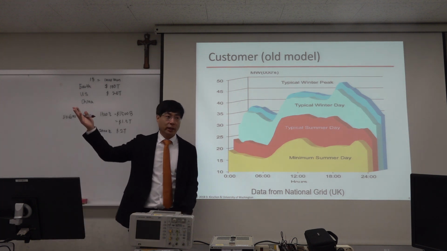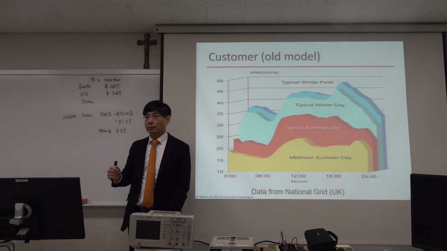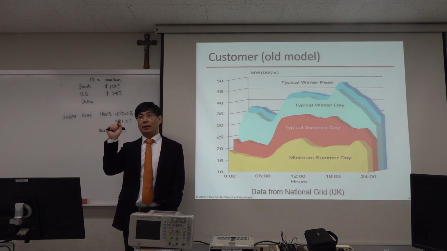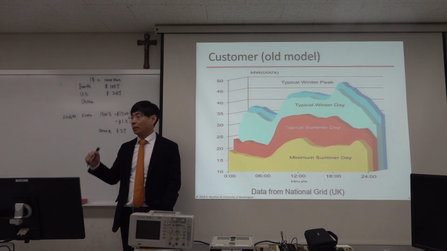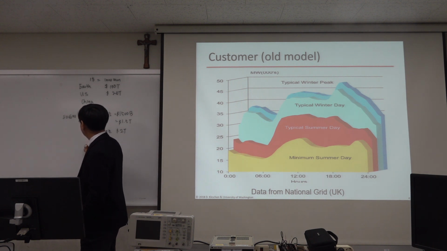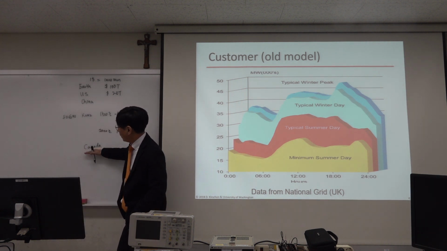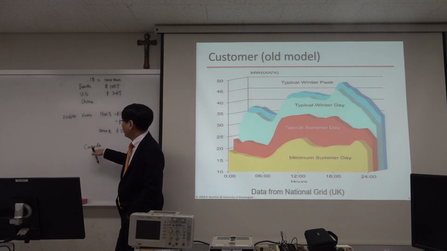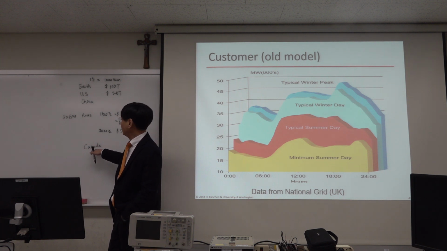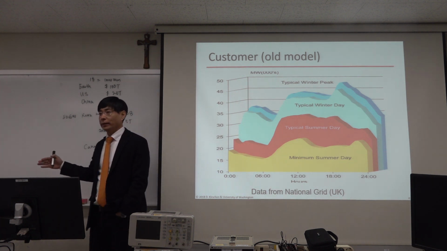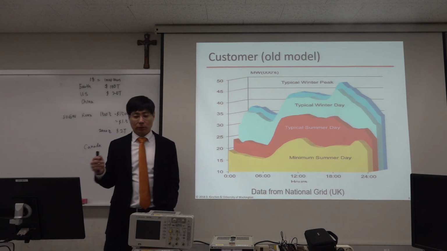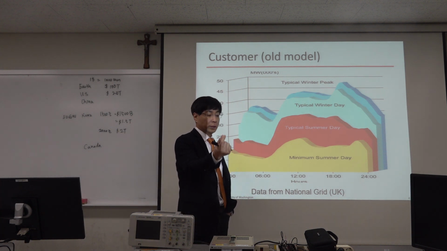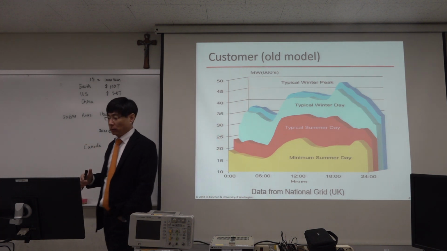Then the United States, 1 terawatt peak load. And Canada, I think the GDP of Canada is slightly higher than Korea. Check it on your own. And their total load is also slightly higher than Korea, or similar. So the GDP and the total load or total generation are very closely related.